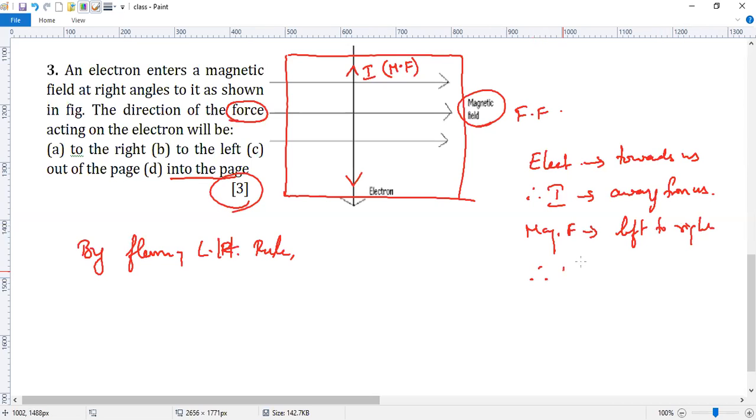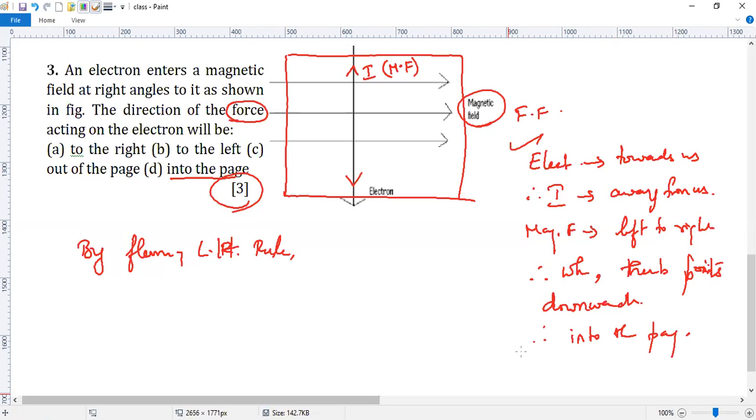Therefore, when you open up the left hand, Fleming's rule, after stating the rule, the explanation gets 1 mark, and finally for finding out it is into the page, that is 1 mark. So when you open up the three fingers, you can see that the thumb points downwards. Therefore, it is into the page. For writing this, you will be getting 3 marks total.